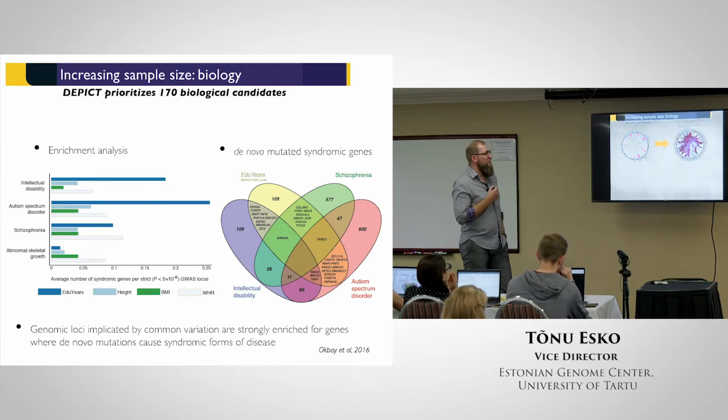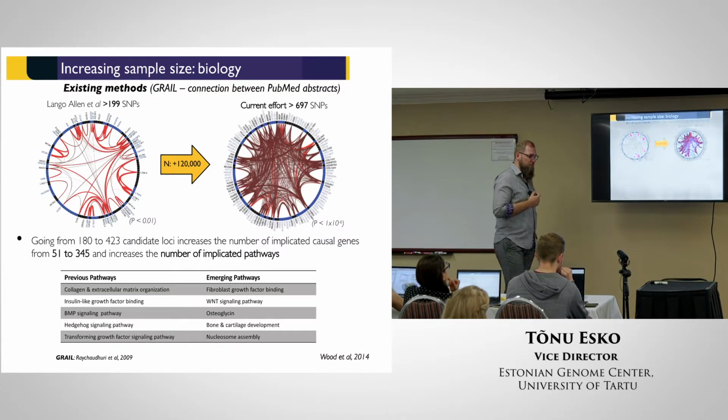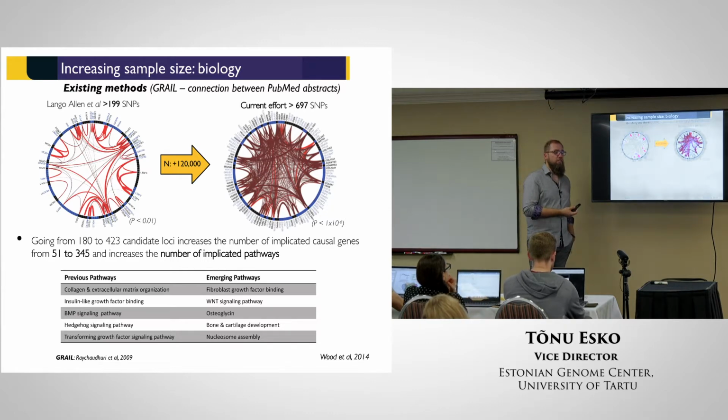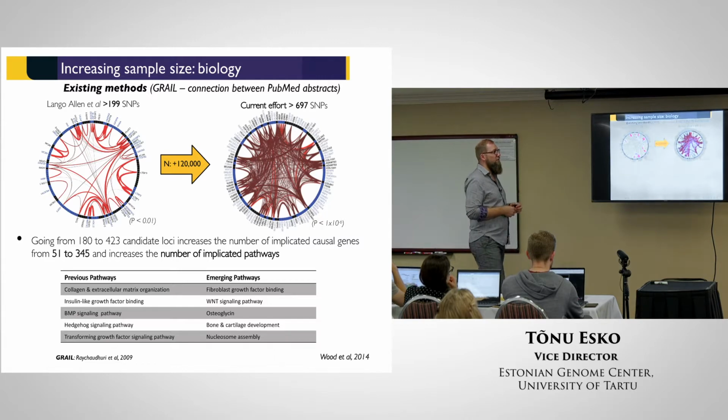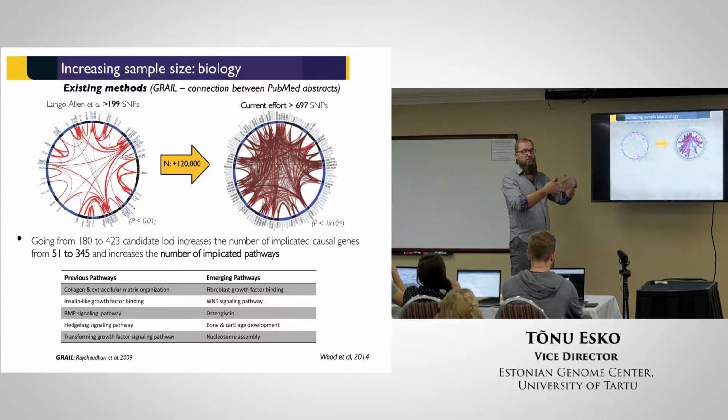The other one is not used anymore, but it is that you can look into the literature. There were tools where you put in your SNPs, and then the tool looked across all the PubMed abstracts: are there genes co-mentioned in an abstract together with the given SNP, and this way you could also prioritize your genes.